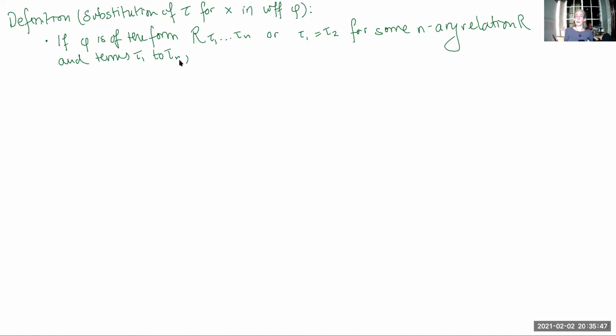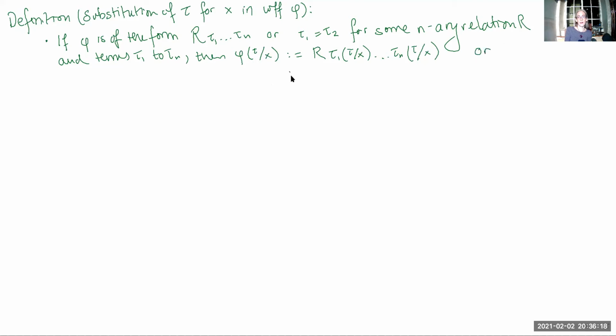So if it is an atomic formula, then phi with tau substituted in for x will just be, in the first case, take your n-ary relation and then do the substitution on each of the terms. So from tau 1 all the way up to tau n, substitute tau in for x according to our definition of substitution in a term.